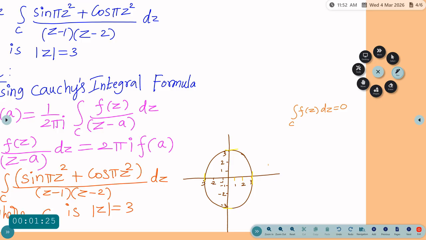Cauchy's integral formula is a fundamental tool in complex analysis used to calculate complex integrals, determine analyticity and solve difficult real valued integrals using contour integration.